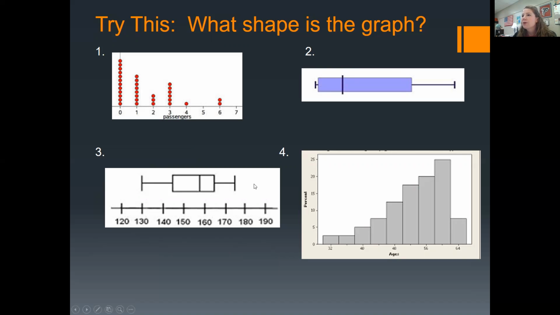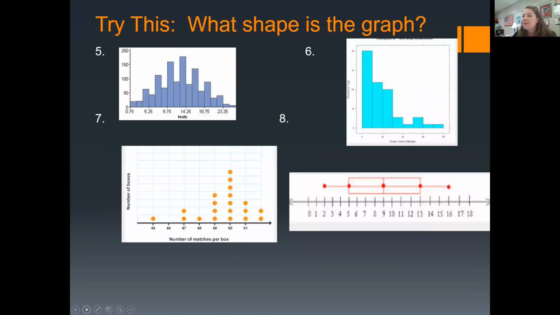All right, what about number 3? You would say this skews left. Number 4, same thing, this skews down to the left. Hopefully you're getting these correct when you're thinking them through on your own. Number 5, we would say that is almost symmetrical. Not exactly, but it's more symmetrical than skewed.